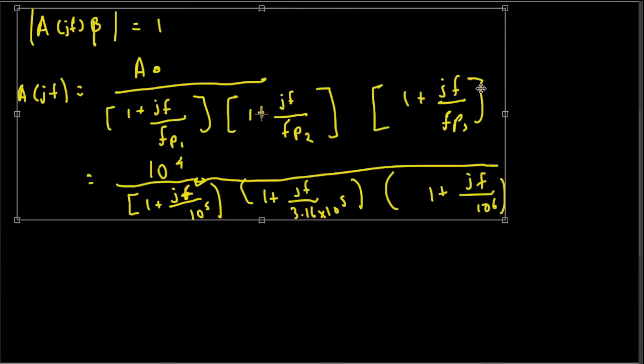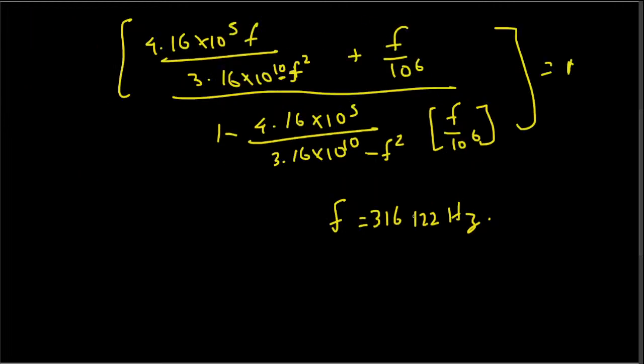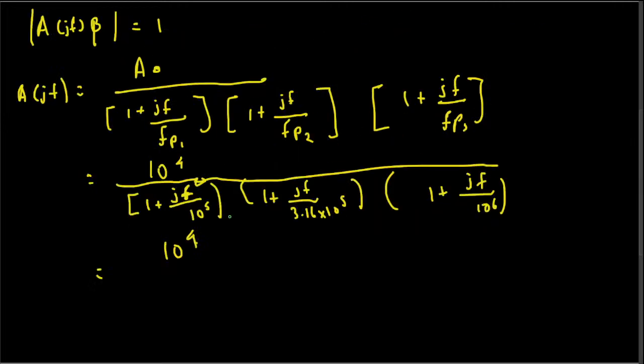Okay, so here now I'm bringing the same equation we had before. Now we know the f value to be 316122. So we are just plugging it into this equation.